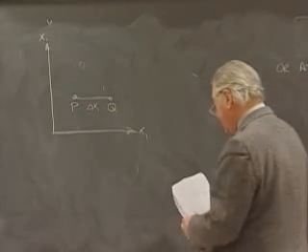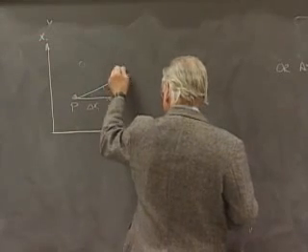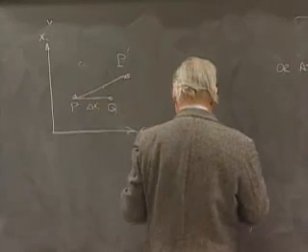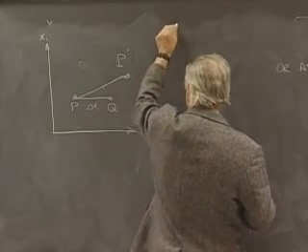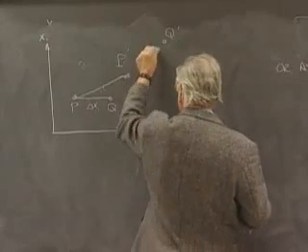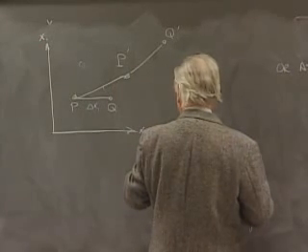And now we squish the body, and what happens is that P will move to a position P prime. Q will move to a position Q prime, and this will be the new line segment P prime Q prime.